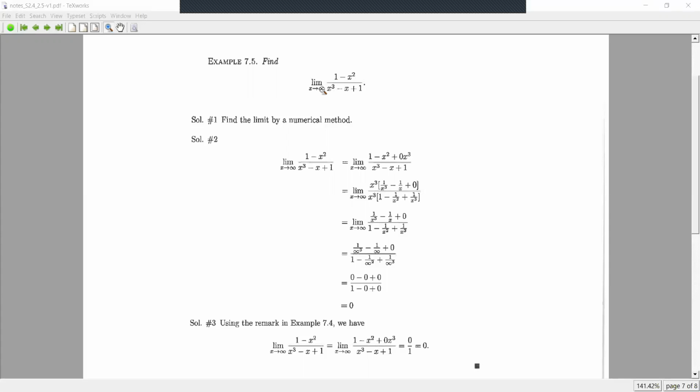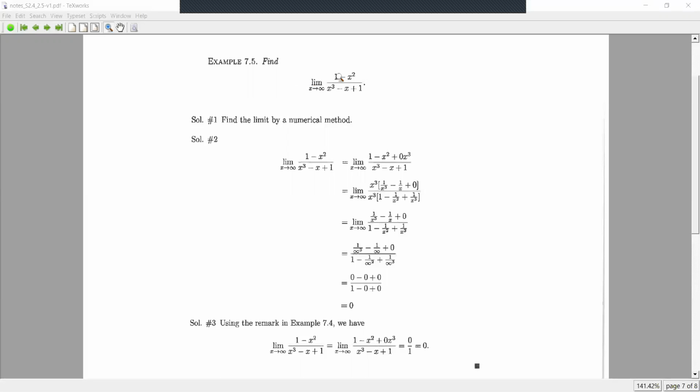So as x approaches positive infinity, the polynomial at the bottom should go to infinity faster than the top goes to infinity. So their ratio should approach 0. This is my inspection.